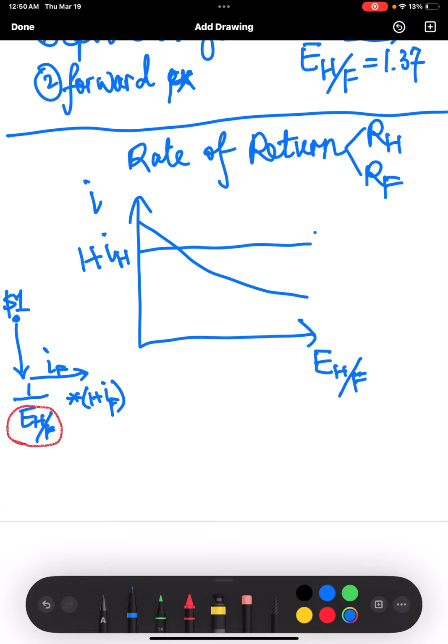So this horizontal line is the rate of return at home, and then this downward slope is the rate of return in the foreign asset, which has a negative relationship with the spot exchange rate, right?